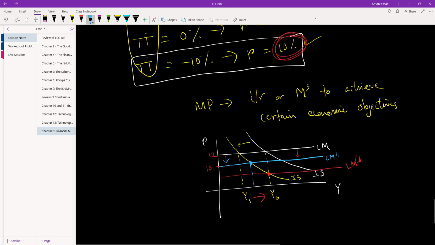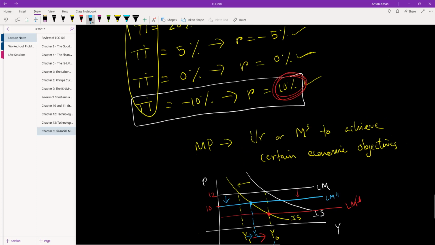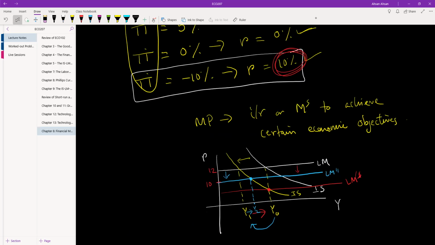So output was Y0. From Y0 we went to Y1, and now we are at Y2. Y2 is definitely better than Y1, but because of this liquidity trap that we are stuck in, because nominal interest cannot fall below 0%, which means that in this case the real interest rate cannot fall below 10%, we can no longer go back to Y0.